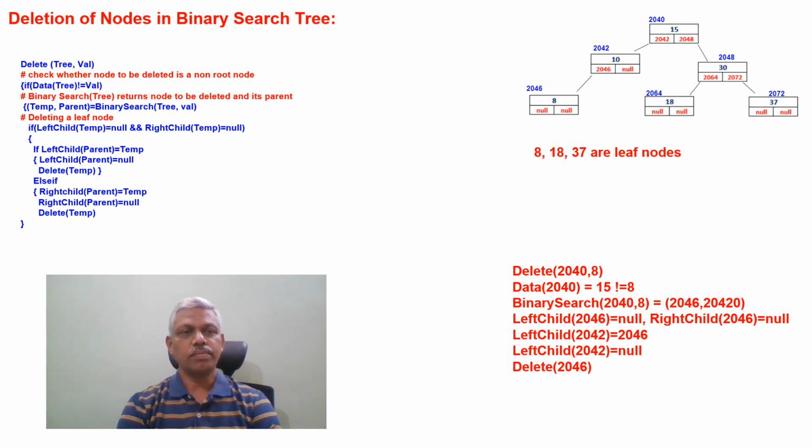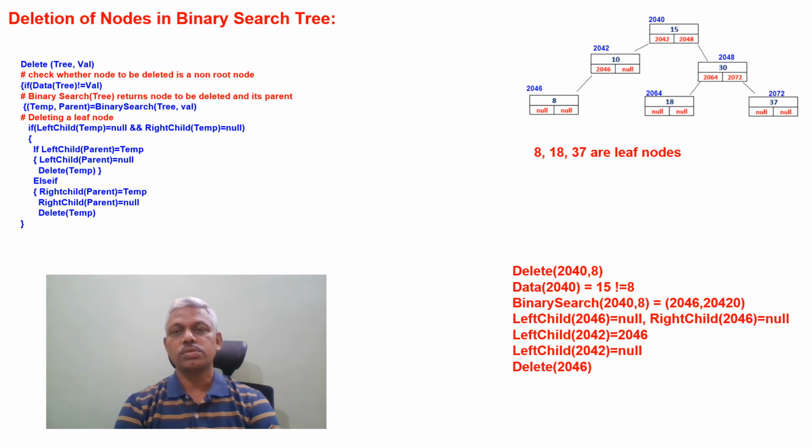So once temp and parent are identified, deletion has to be processed. Again, we check whether the left child of temp is equal to null and the right child of temp is equal to null. The node to be deleted has left and right children as null, which indicates it's a leaf node. Then we need to check whether this is the left child of the parent or the right child, which can be done by checking if left child of 2042 is equal to 2046, so this forms a left child.